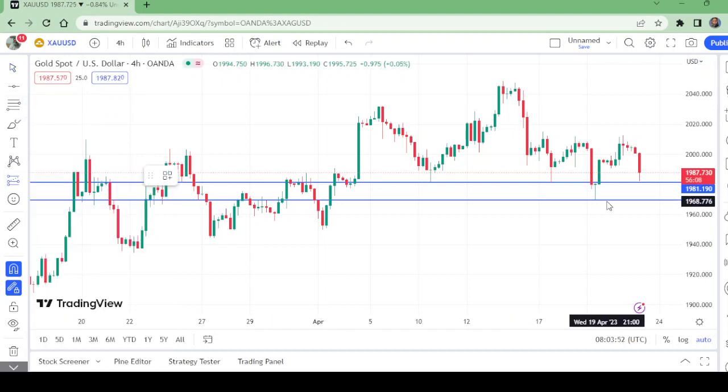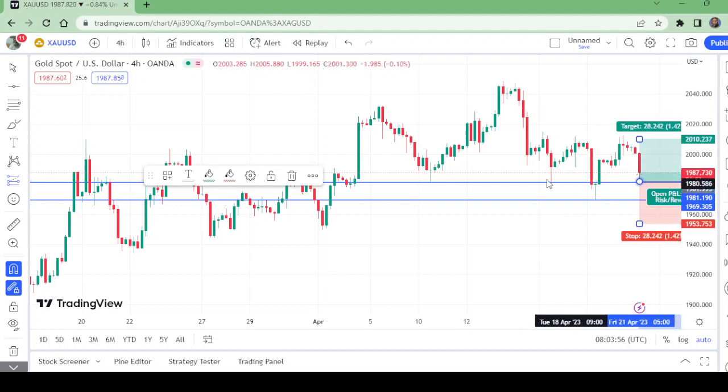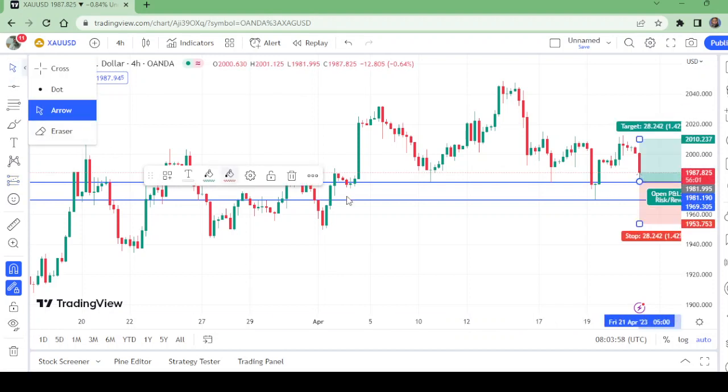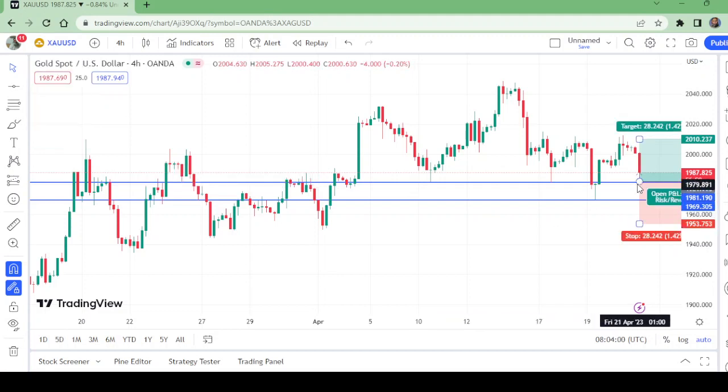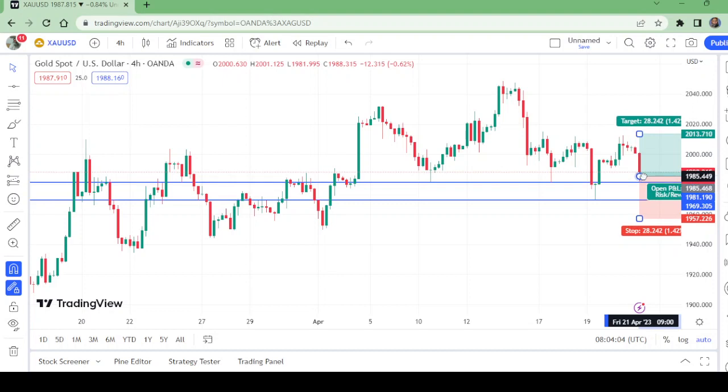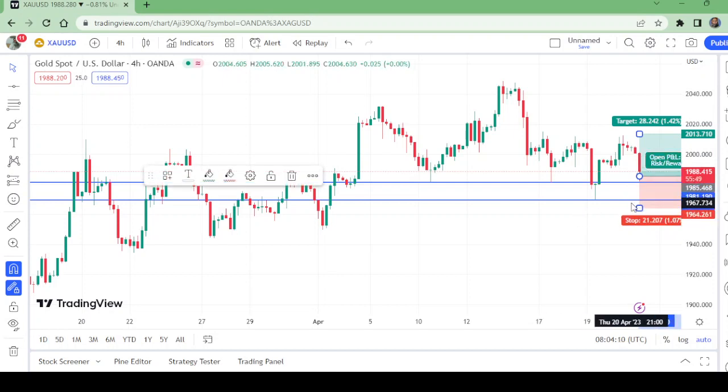This is the long position from here. It has gone a bit, because the market is now at this level. Then this is the stop loss under this wick, this head.